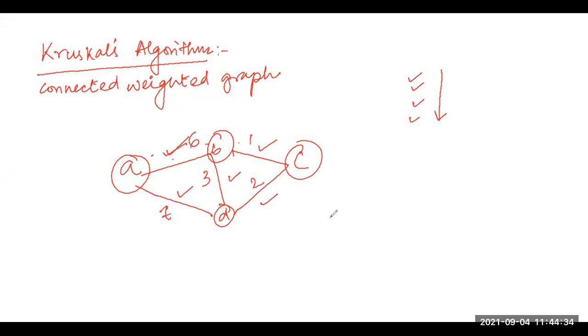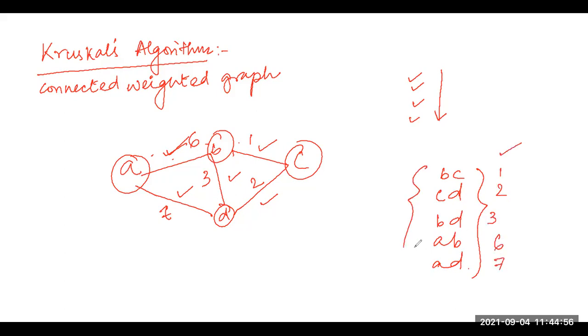So first it will store BC, then CD, then BD, then AB, then AD. Like this, in ascending order, from lower to higher, according to the weights, the edges will be stored.